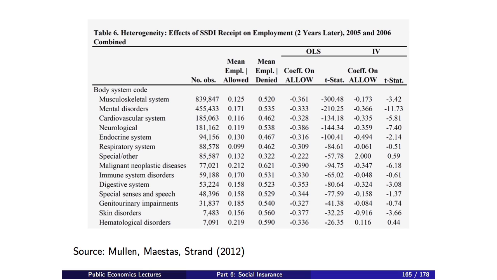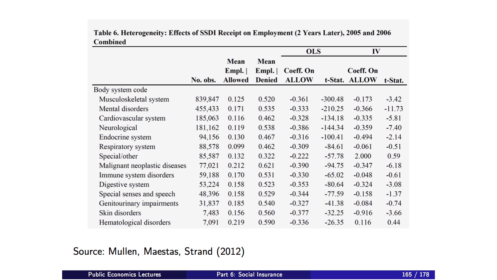And they confirm that by studying the heterogeneity in treatment effects by disease severity, where you see a pattern that looks like this. So they look code by code at what type of condition you're applying for, okay? Like a mental disorder, cardiovascular disorder, respiratory system, and so forth. They have enough data that you can do this exact same analysis by subgroup, right?